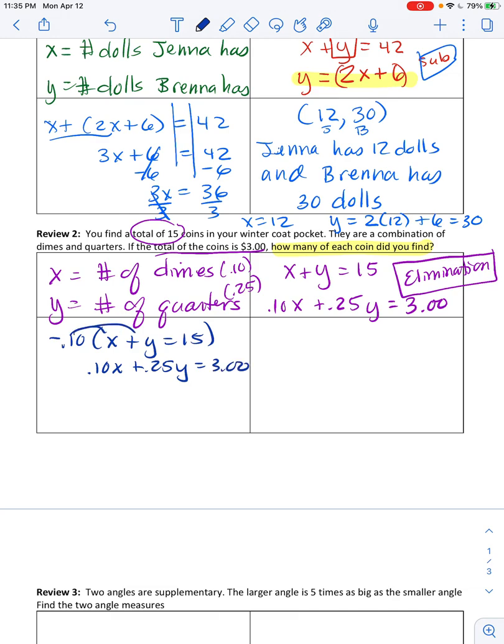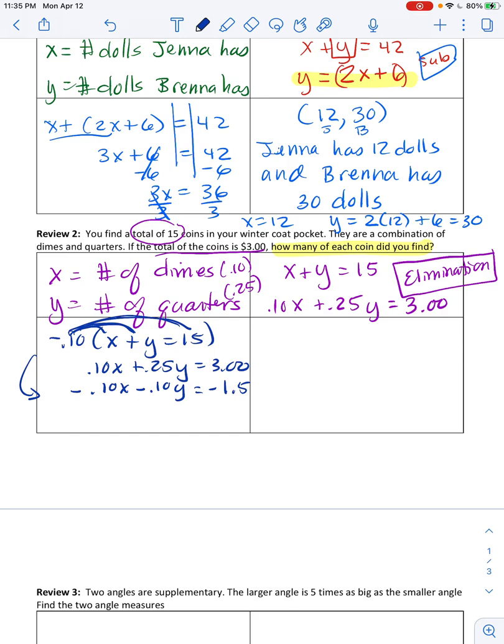So when I distribute this, I will get negative 0.10x. Then here I get negative 0.10y. And then here I'm going to get negative 1.5.